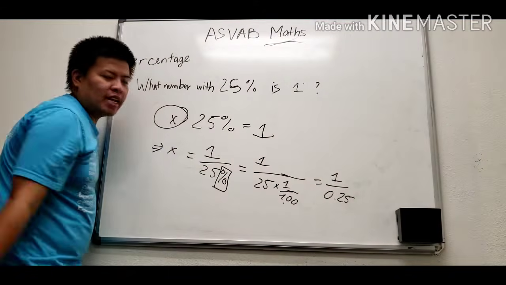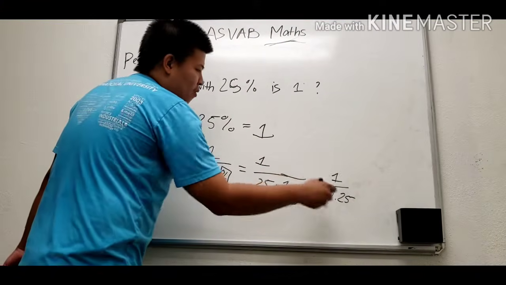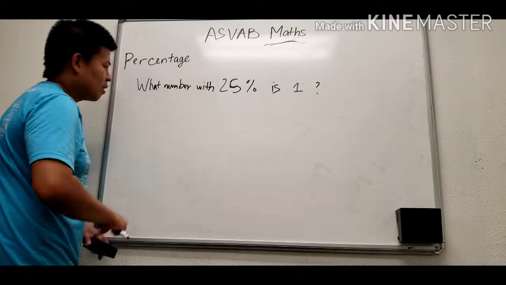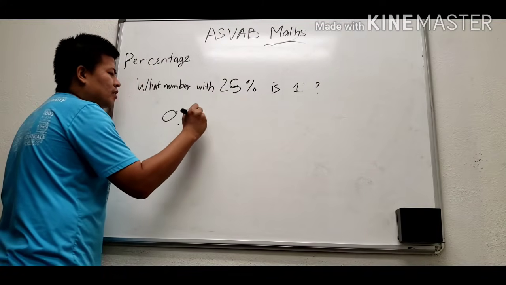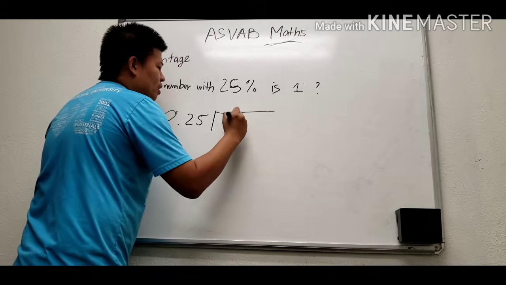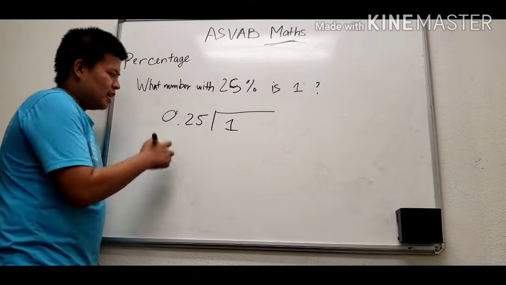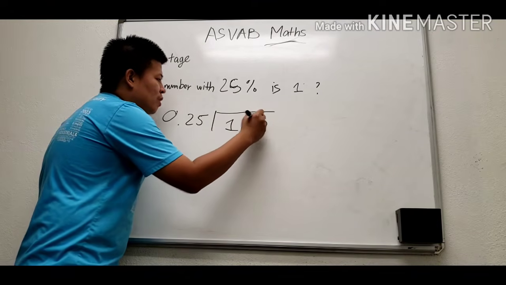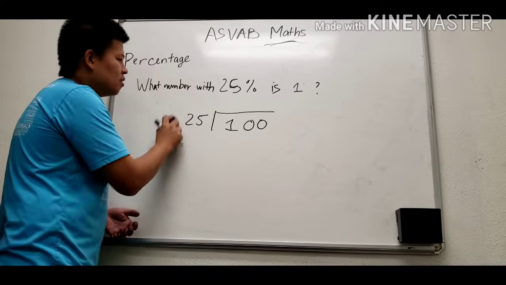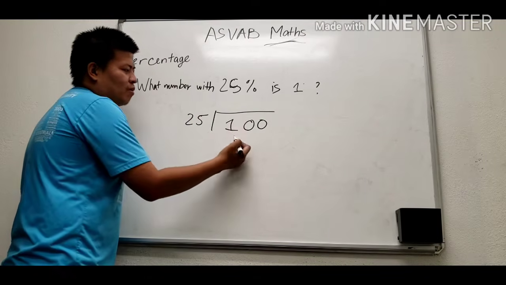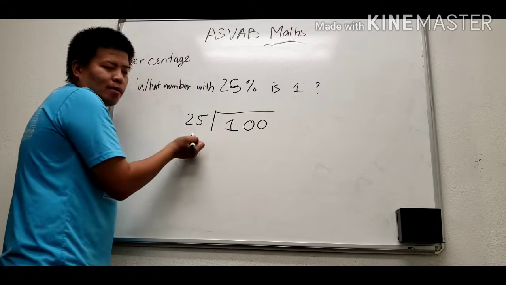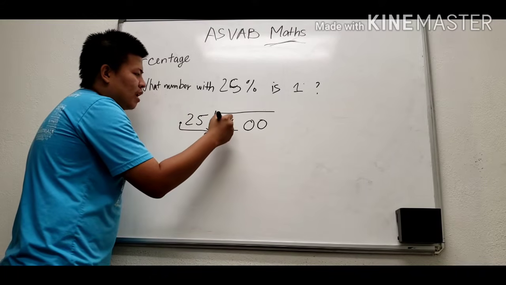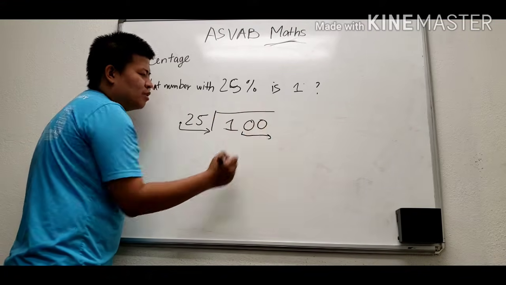Let's look at the decimal number. So we calculate 1 divided by 0.25. Because we have the decimal number, with two decimal places, we can put 100 divided by 25, because when we have the decimal we move it.